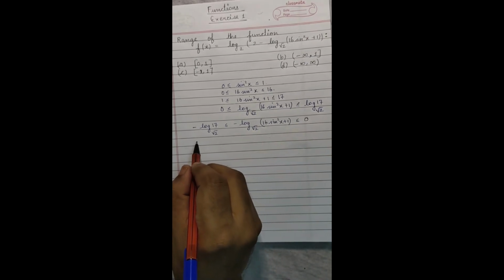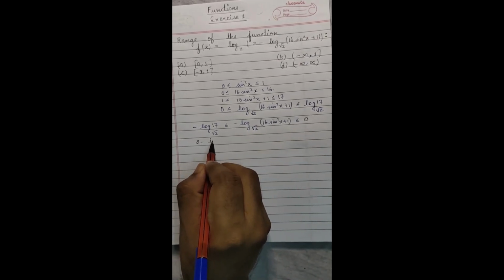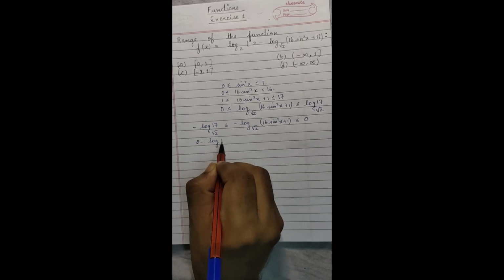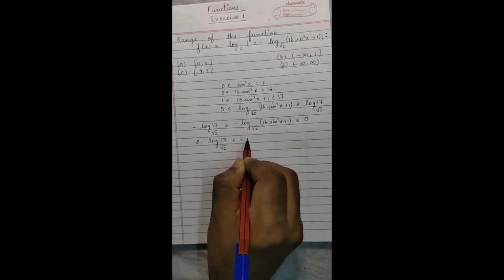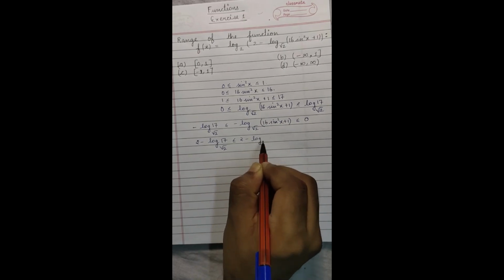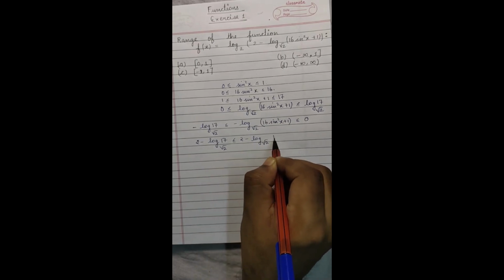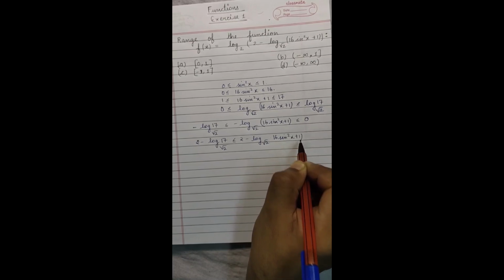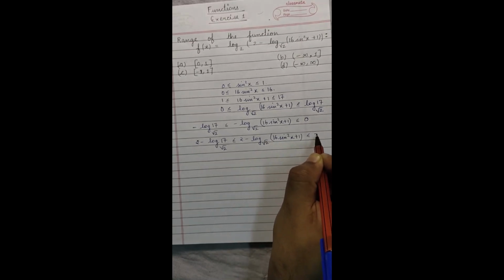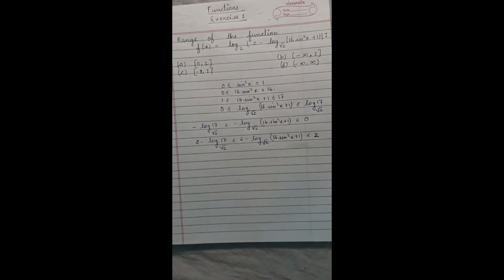Now adding 2 both the sides, so it becomes 2 minus log 17 to the base root 2 less than equal to 2 minus log root 2 16 sin square x plus 1 less than equal to 2.